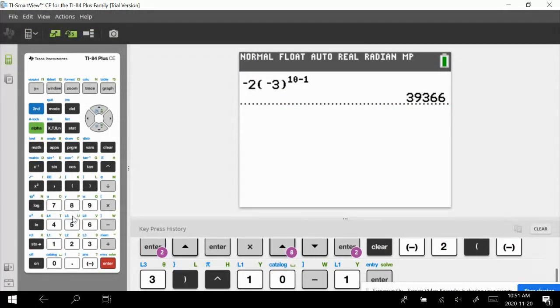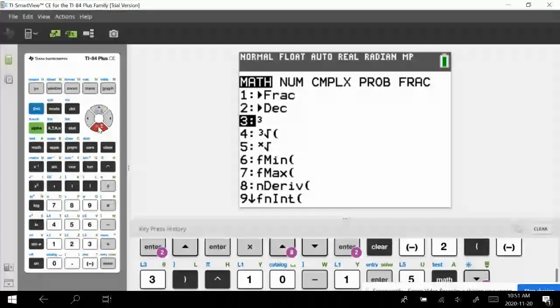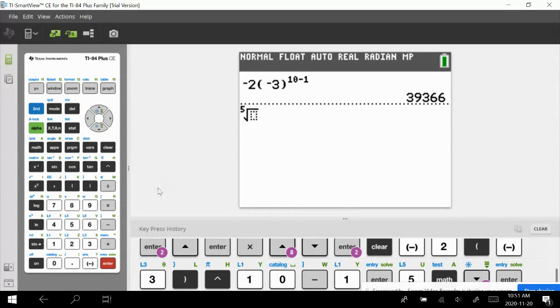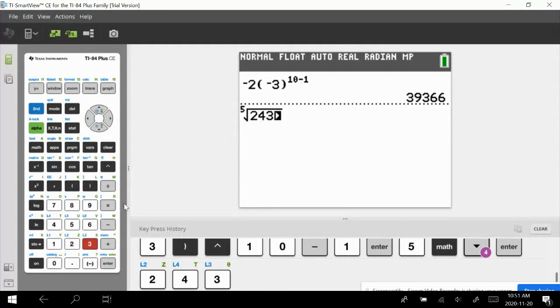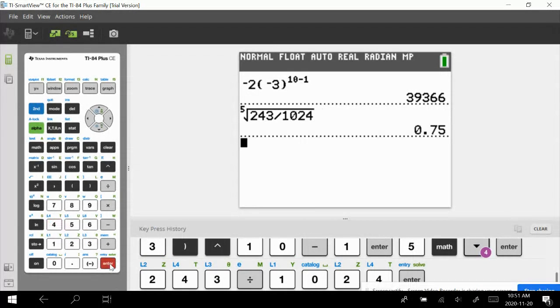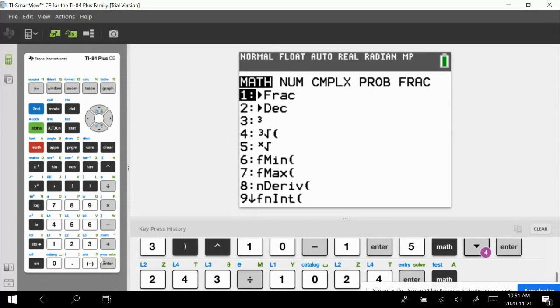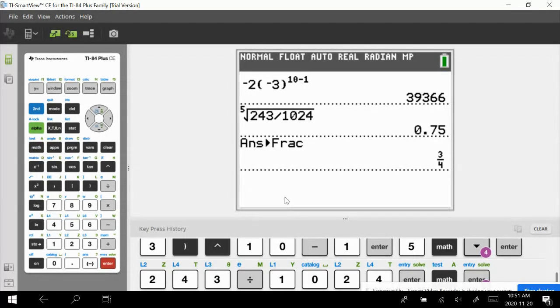In order to go 5th root, we go 5, math, and come down to this value over here, and this gives me the 5th root. I'm going to go 243 over 1024, gives me 0.75, which is 3/4.